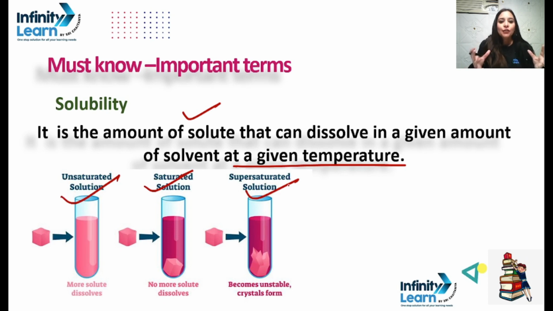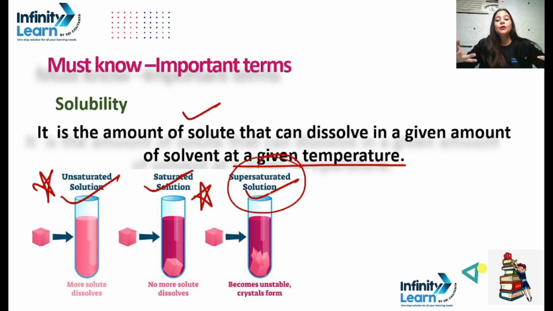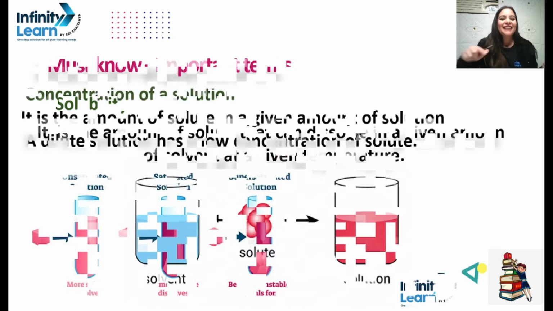The one which can dissolve solute only up to a certain level is called saturated. The one which can dissolve solute more than their ability is called unsaturated. And supersaturated: if you heat the saturated one, it will dissolve more solute into it, so it becomes supersaturated.